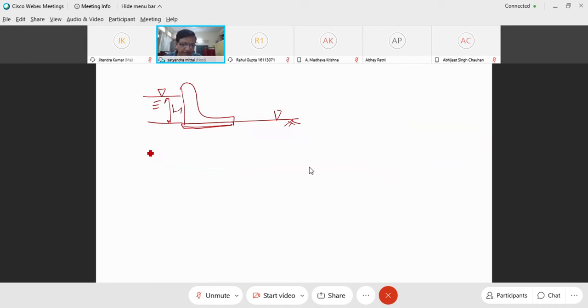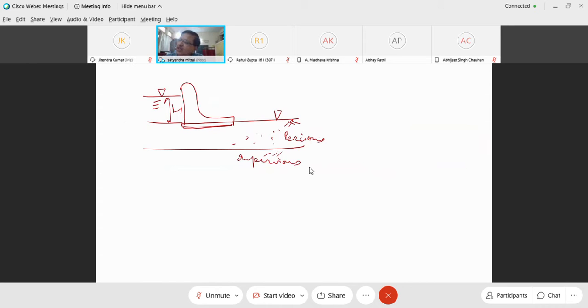And below this is impervious. Because this is all pervious strata, and there is a water column. H can be anything. It can be 100 meter, 200 meter, like Tehri Dam, most of you probably have seen.